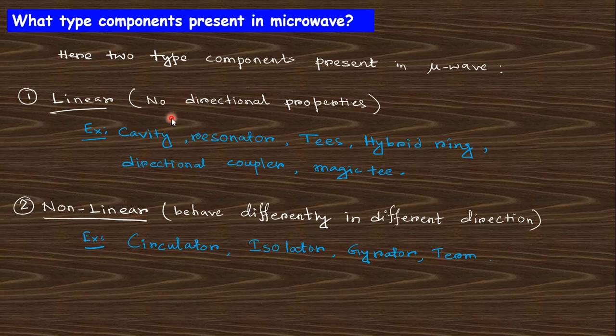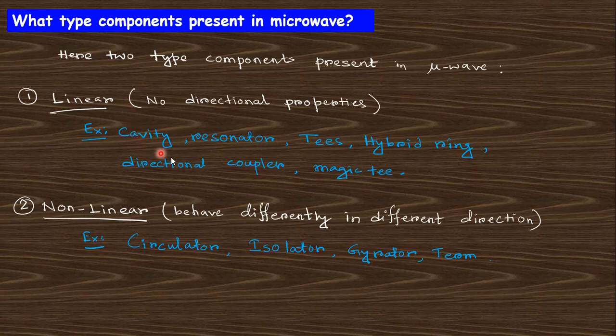Linear means there are no directional properties, that means its property is the same in all directions, right? Non-linear means its property is not the same in all directions, it depends on the direction. That's why the circulator, isolator, and gyrator are non-linear. These are examples of non-linear components.